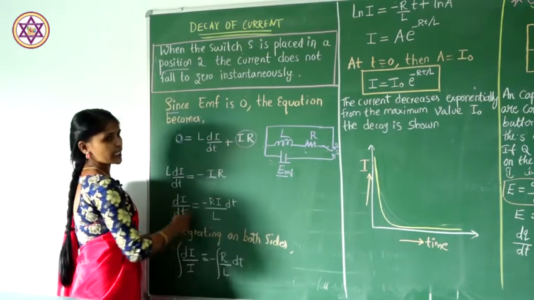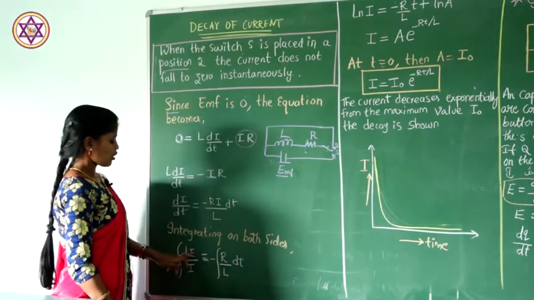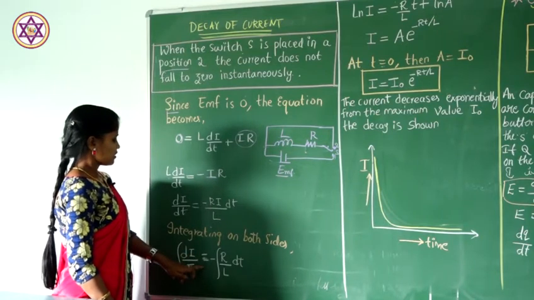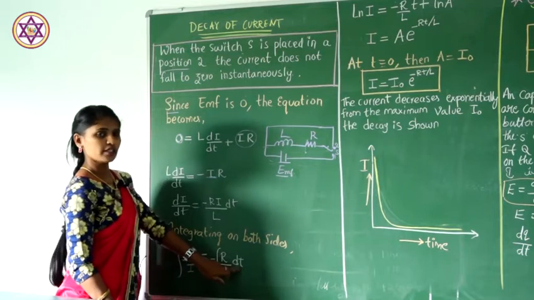Integrating on both sides, the integral of di by I is equal to minus the integral of R by L into dt.